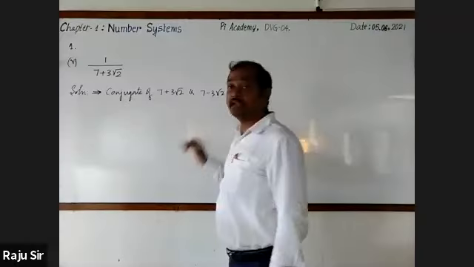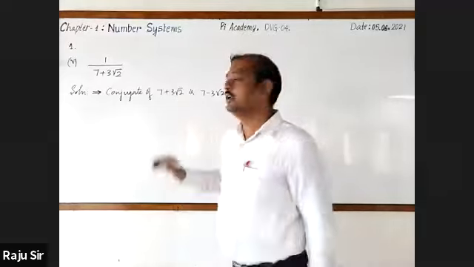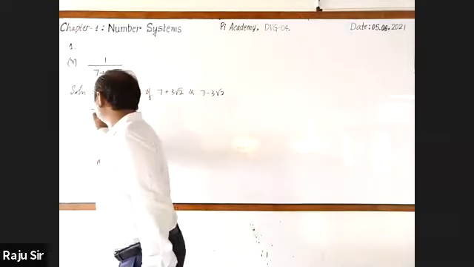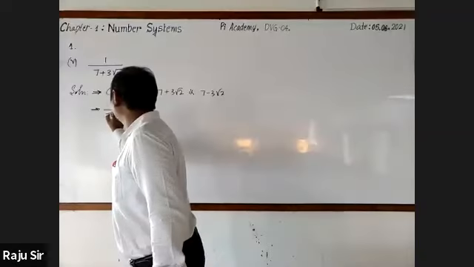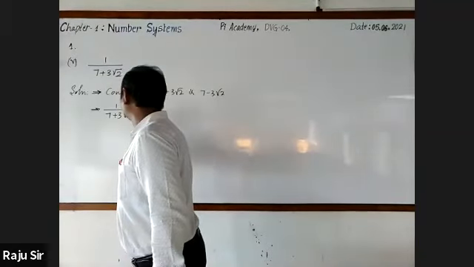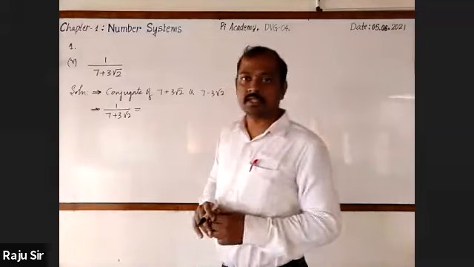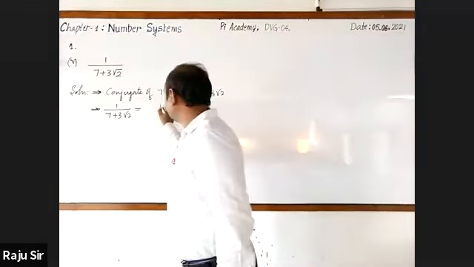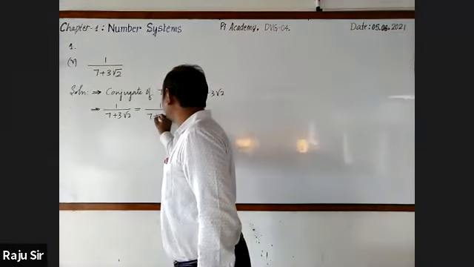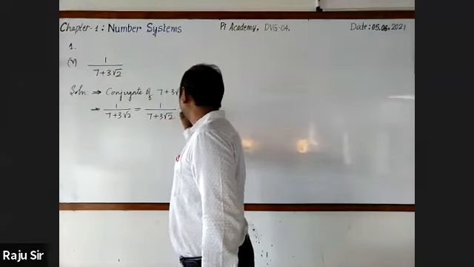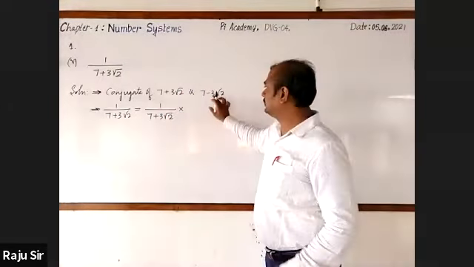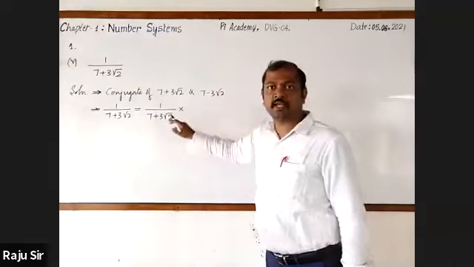Very good. Next, right. The given irrational number is 1 by 7 plus 3 into root 2. This is equal to 1 by 7 plus 3 into root 2. Multiply this conjugate to the numerator as well as the denominator.